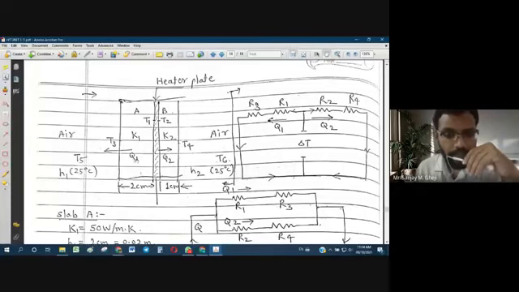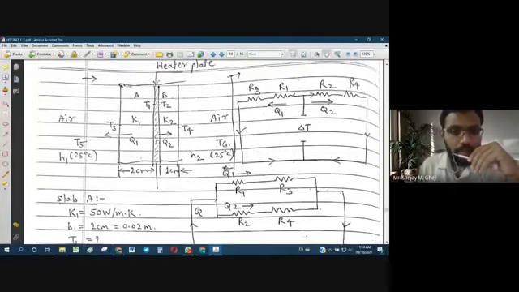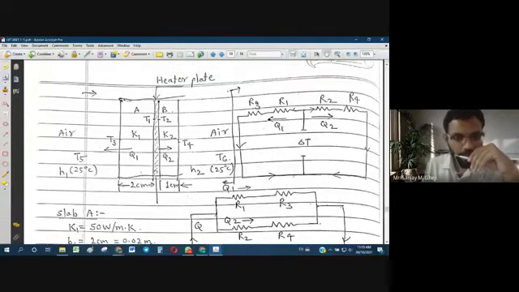Let us say Q1 is the rate of heat transfer on A side, and Q2 is the rate of heat transfer on B side. So the 1 kilowatt generated by the heater will be divided into two parts.